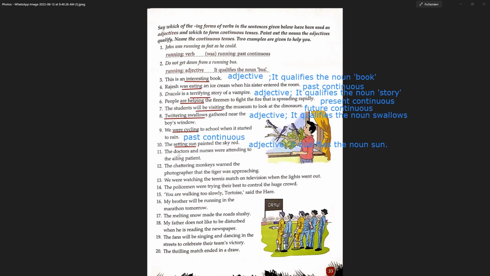Yes, were attending, right? So what is ailing patient? Sick. Okay, terribly sick. So what is were attending there, Vinuka? What is the tense there? Past continuous. Exactly. That is past continuous.